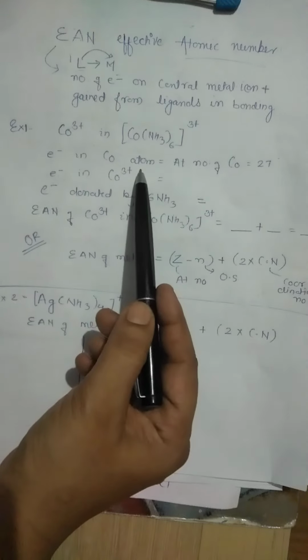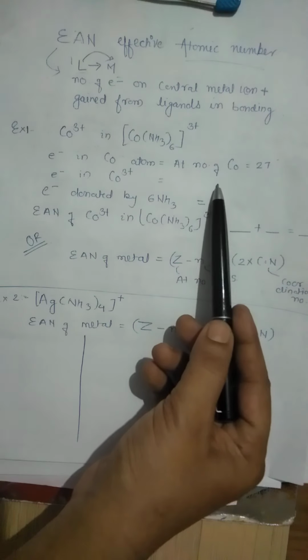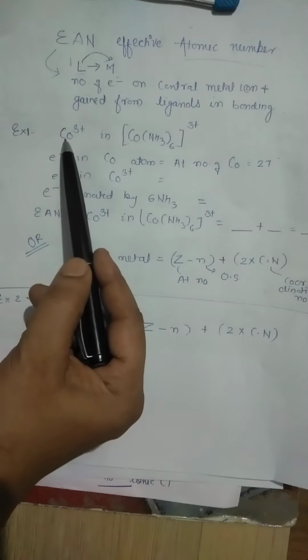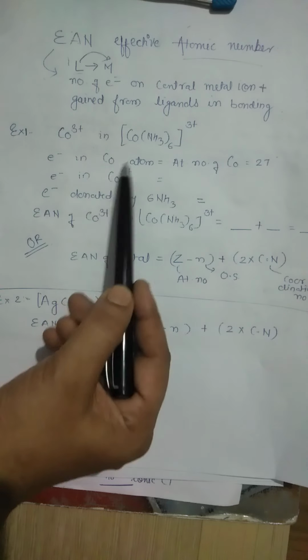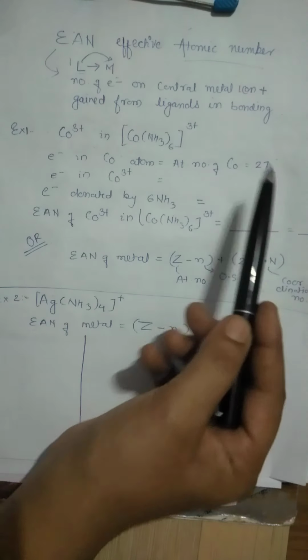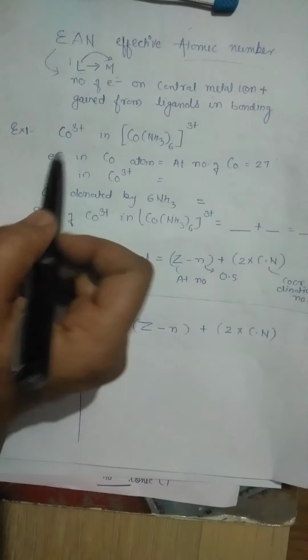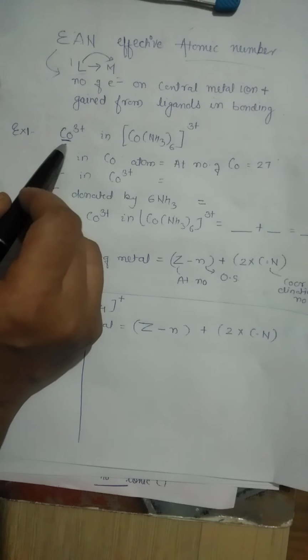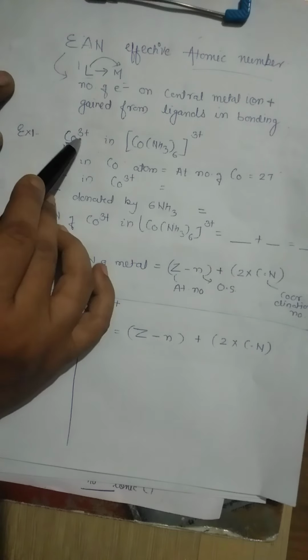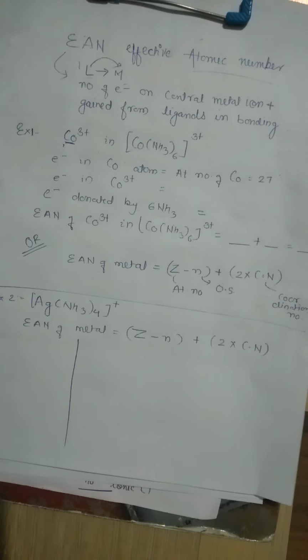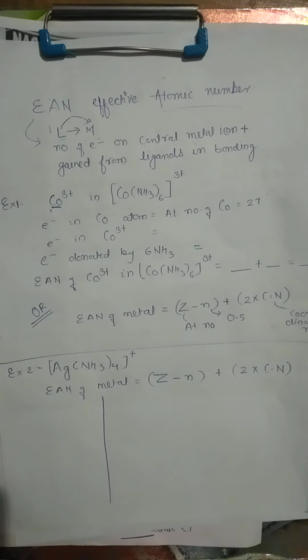How many electrons are there in a cobalt atom? Naturally it is equal to the atomic number of cobalt. The atomic number of cobalt is 27. But we have to find the effective atomic number of Co3+. 3 plus means the electrons are lost or gained? The electrons are lost.